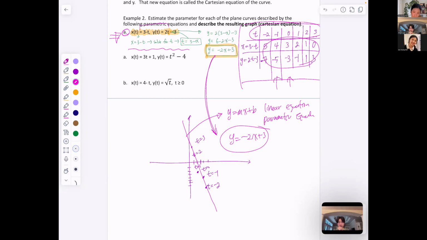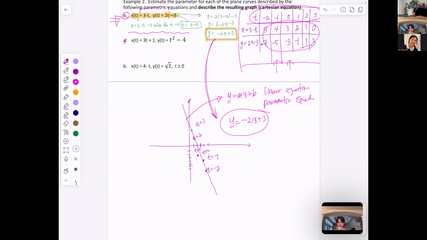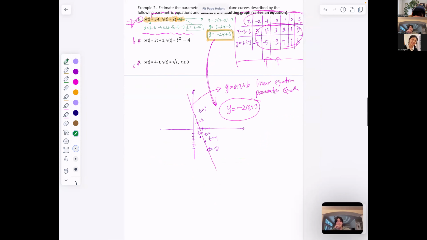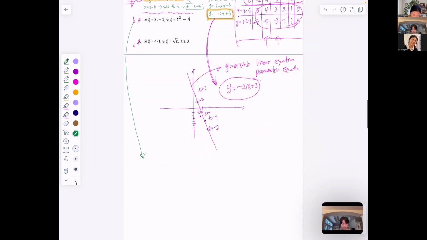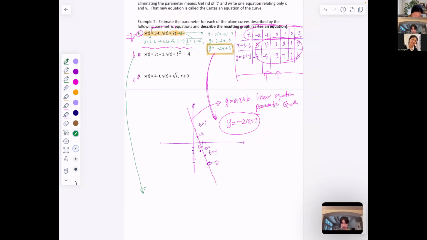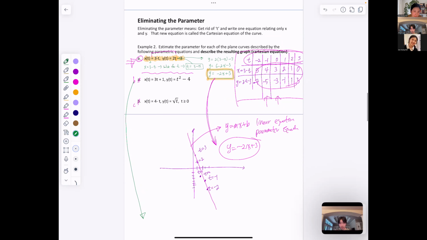Okay. So let's take a look at the next question. It should be B. Let's go to B. I want you to really try this one. So we have a two function. You can do this problem by creating the chart, but again, it takes too long a time. So let's use the method we just talked about, eliminating the parameter.